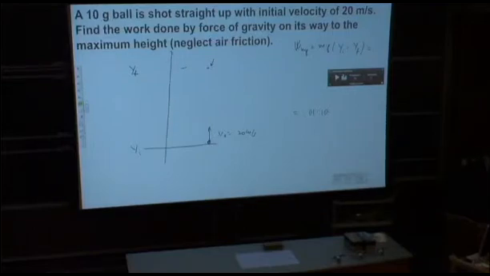Always up to us. So when calculating work done by gravity, if we want to use this equation, we always must direct the positive y direction upward. But it's up to us where we choose the zero level, the origin. Of course, the natural choice is at the lowest position. So in that case, it's going to be 0 minus y max. It stops here.